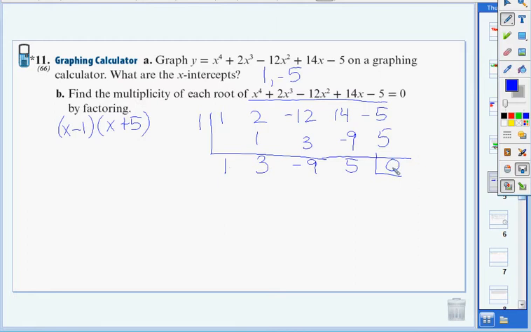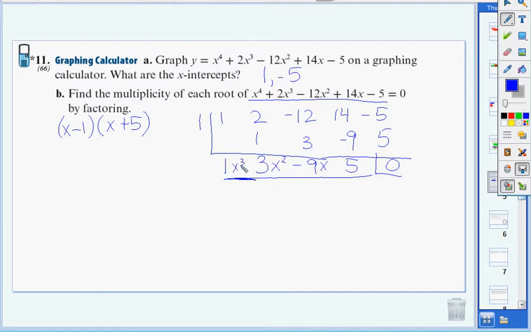Here the remainder is 0, which means that whatever this polynomial function is right here, it's an even factor, okay? So this is x to the 0, this would be x to the first, this is going to be x to the second, and this is going to be x to the third.